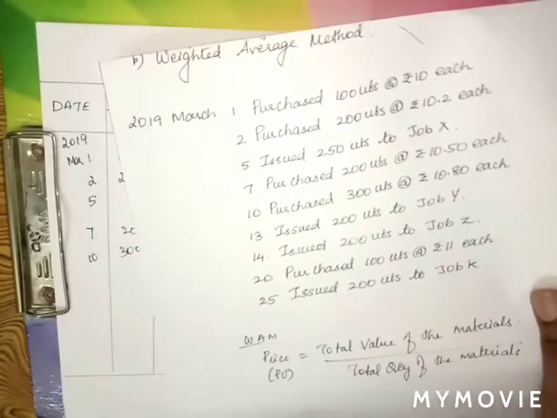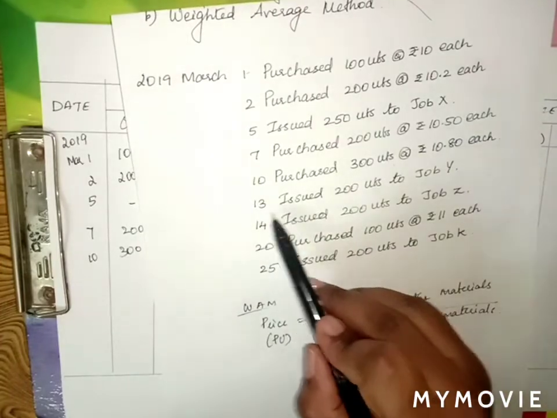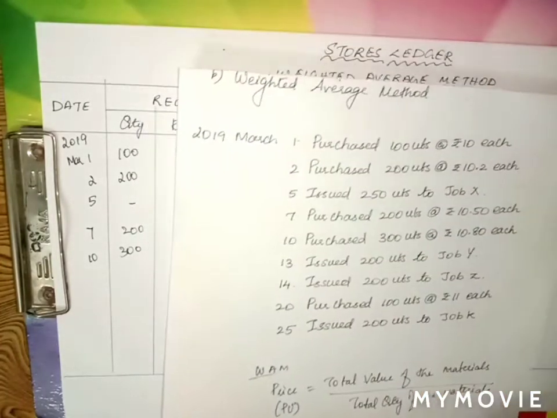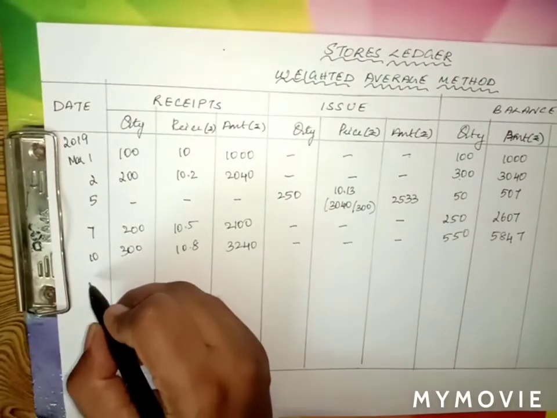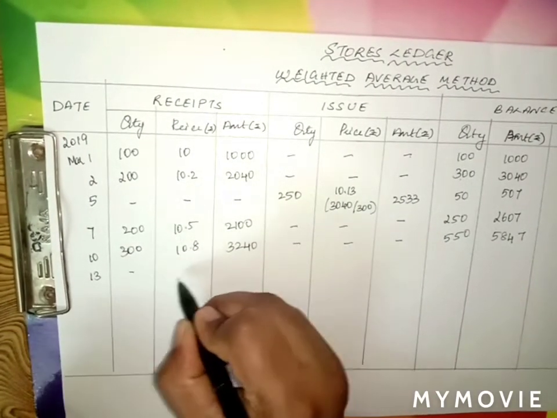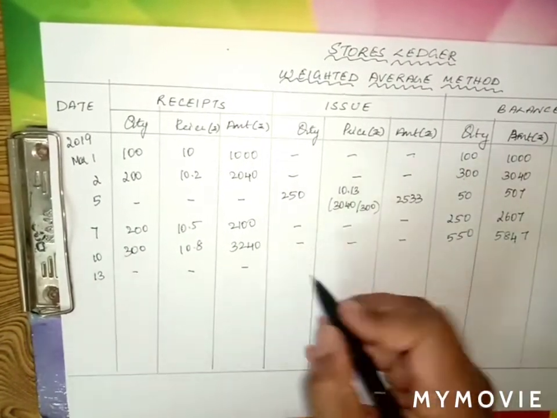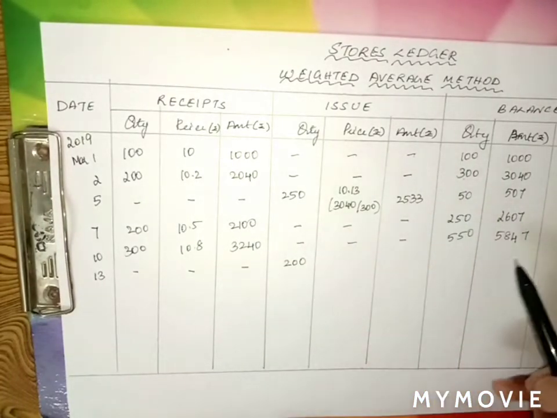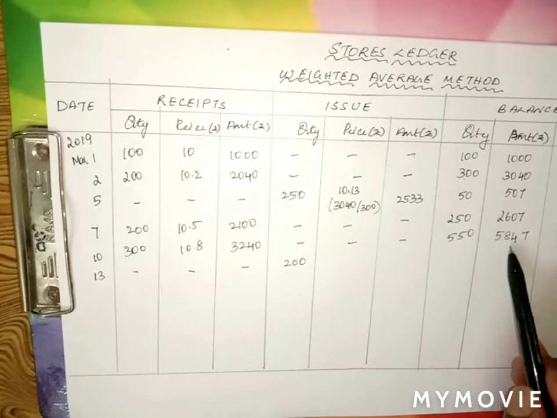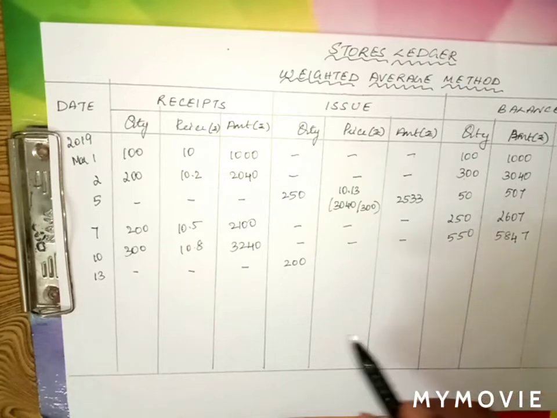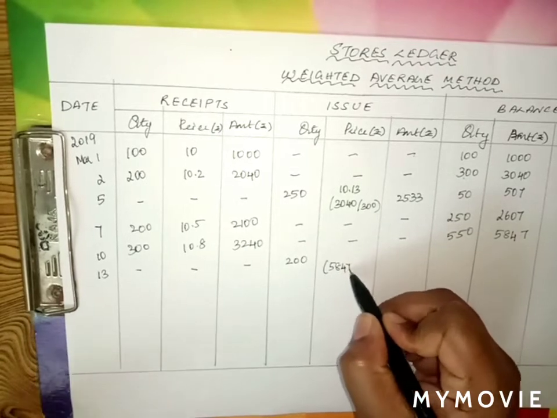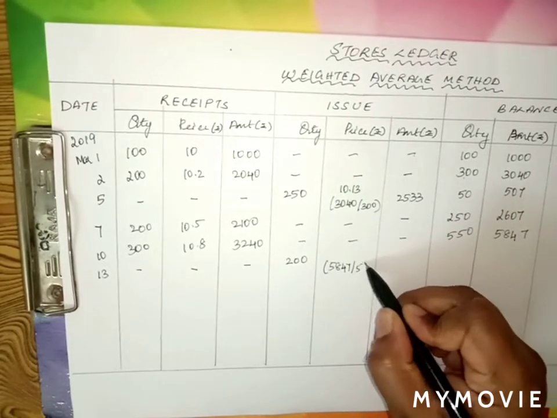The next one, on the 13th issued 200 units to job Y. Now the price will be fixed by dividing the value of the materials by the quantity of the materials. So it should be 5847 by 550.